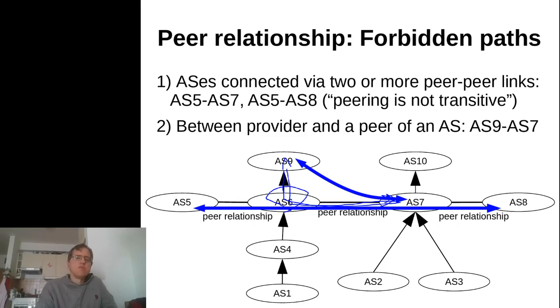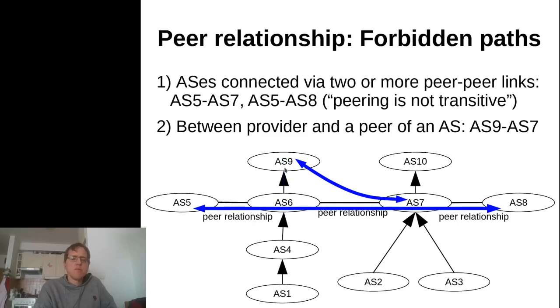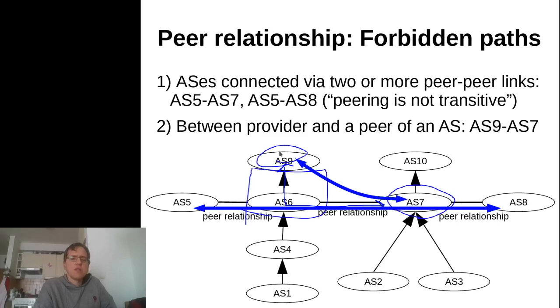And the very reason for AS6 to block these paths is that its economic incentives go against routing or forwarding traffic along that path. It does not have anything to do with AS9's and AS7's packets. It is basically not interested in how these two will exchange traffic with each other.